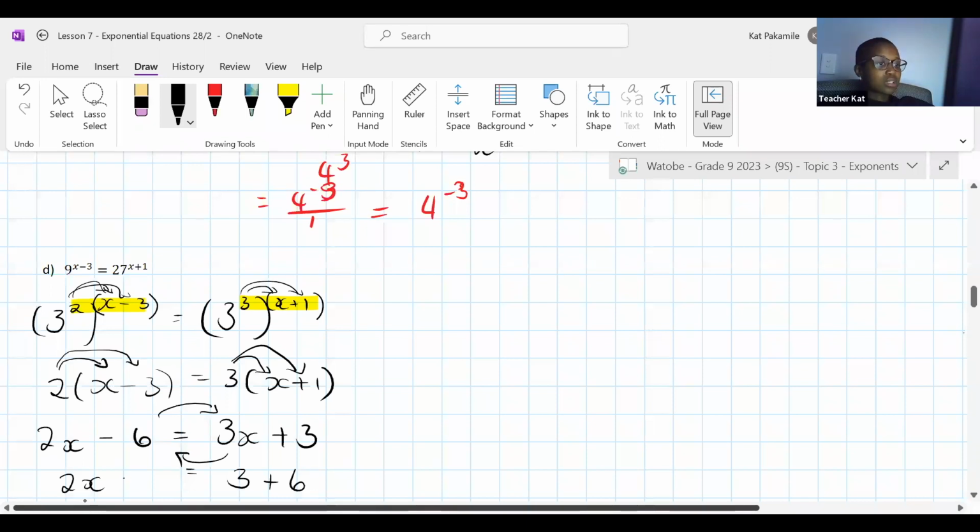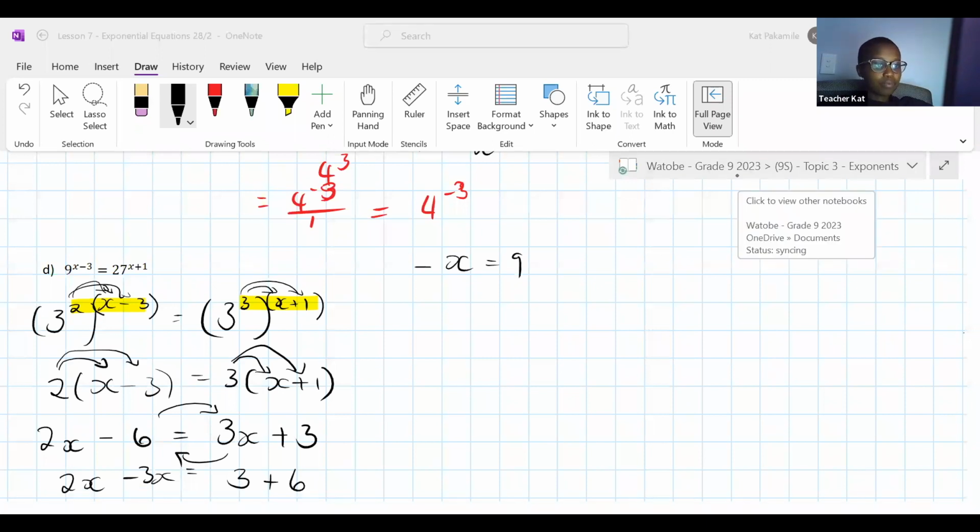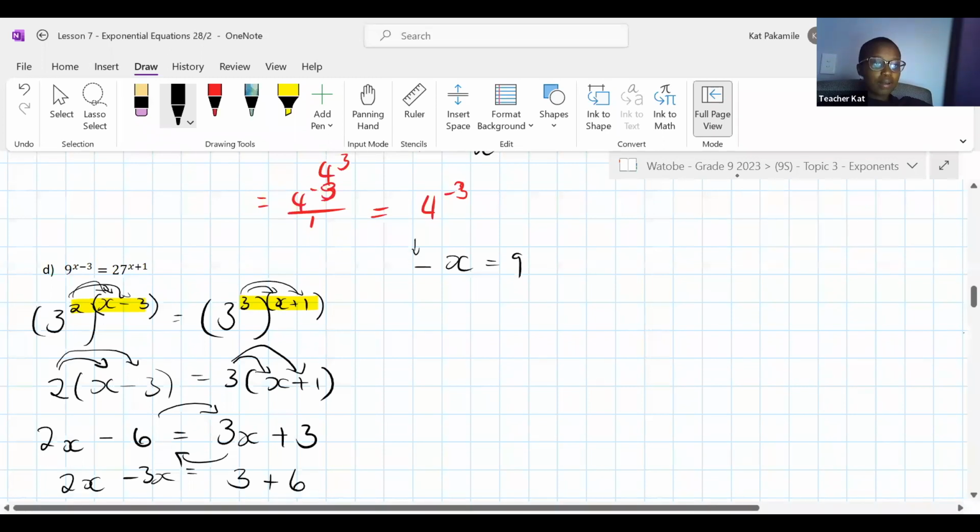Beautiful, Jonathan. What's 2x minus 3x? Negative 1x. Negative x. And then what's 3 plus 6? 9. Are we done? No, we're not. We have to get rid of the negative. And the x must be by itself.